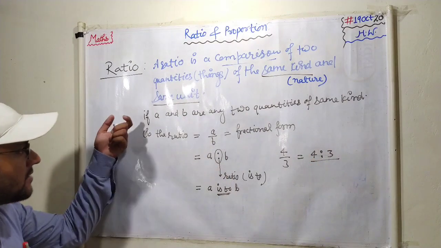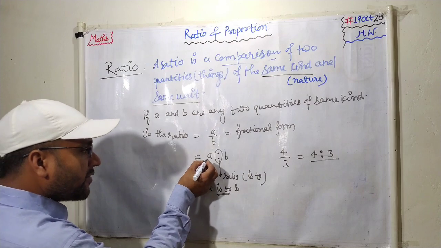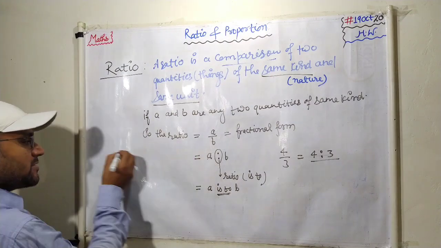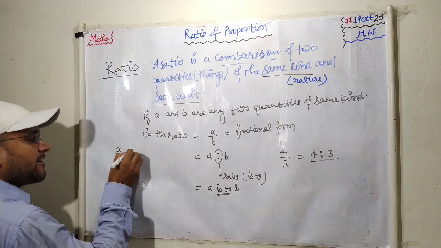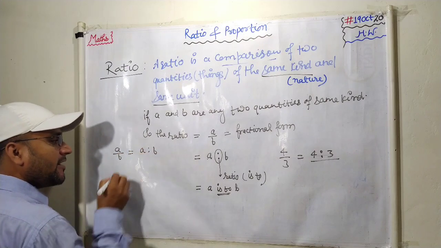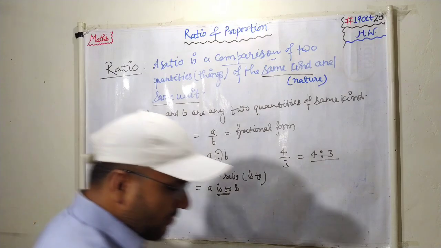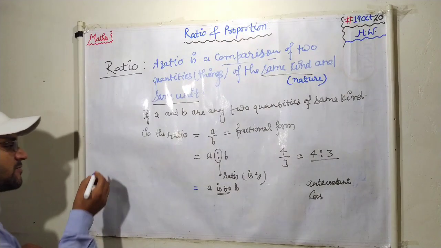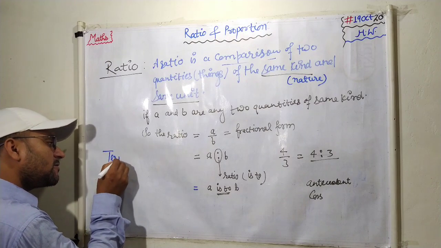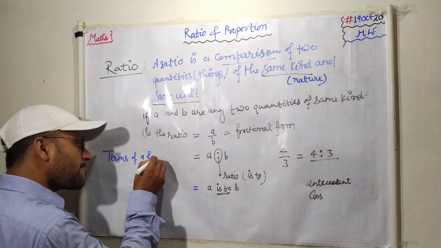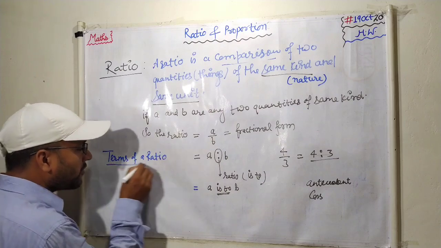In any ratio, the first term is called the first term. Suppose A upon B is written in the form of a ratio, A is to B. So, the terms of a ratio. Very important terms.